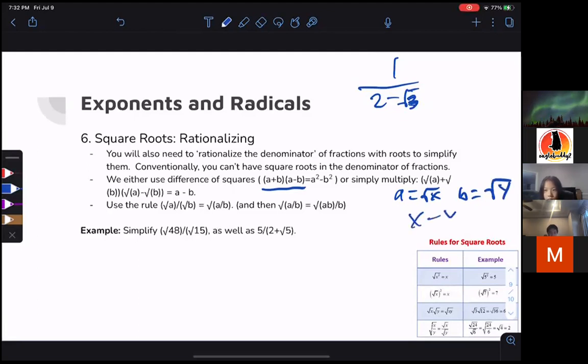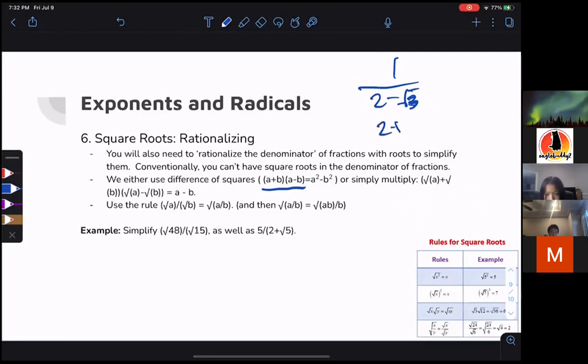Multiply and get x minus y. Where x and y are integers, then that's perfect. Then there are no more radicals left. So the way you deal with this is you multiply it by its conjugate, meaning you change the sign in front of the radical.